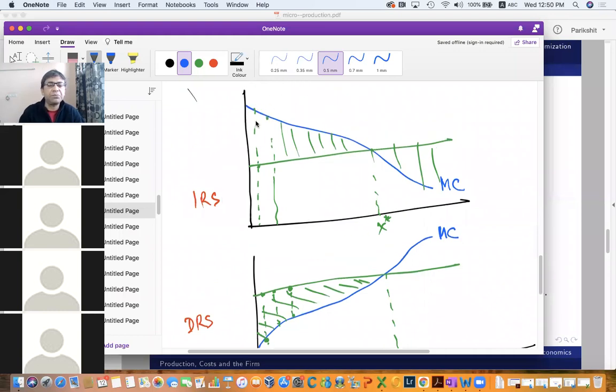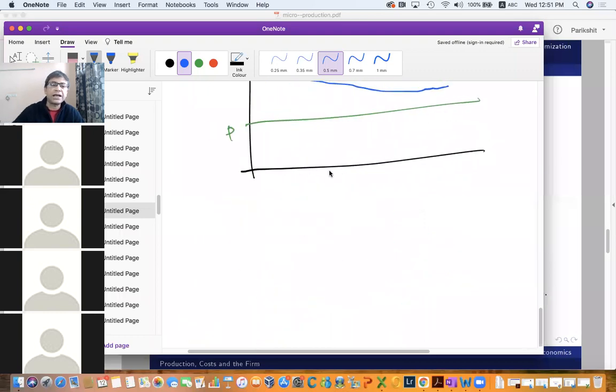Essentially, a firm which is very big and has more market share than its rivals is in a position to charge a low price and still be profitable, okay? So it can drive out its rivals by charging a low price. So the market will soon come to be dominated by a single firm. So IRS tends to lead to a monopoly.